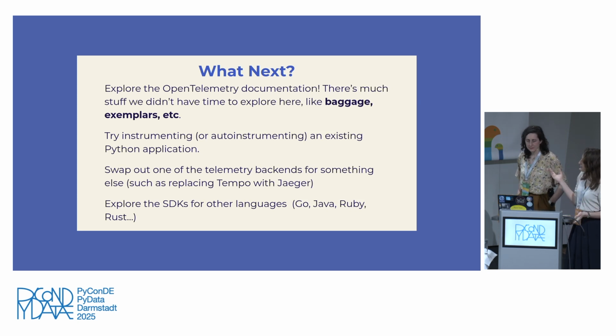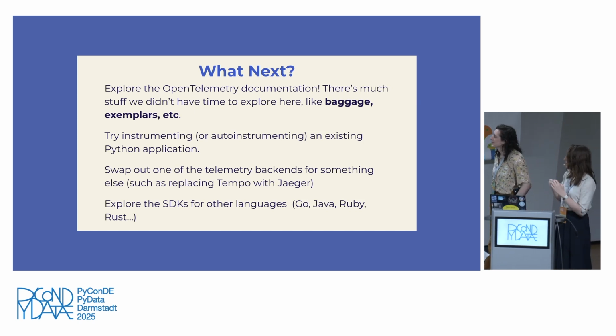And there's also lots of stuff there that we didn't have time to explore here, like baggage, which essentially is where you bundle attributes for a particular request in with the metrics, so maybe like a customer ID or something like that, as well as exemplars, which let you coordinate metrics with a particular trace ID. So you could get a trace, have a look at it, and also see the metrics for that particular trace.